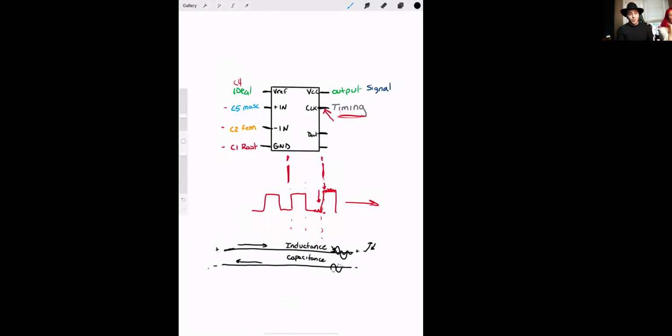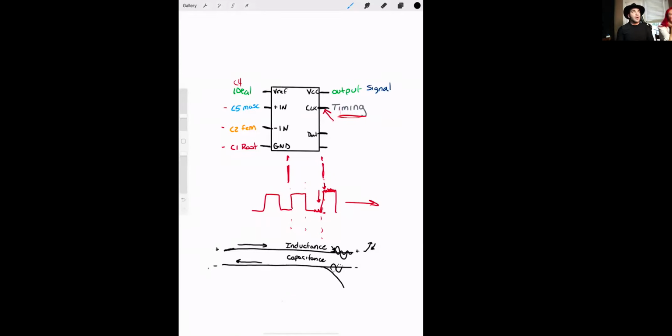However, when you have too much capacitance in the cable, you end up rolling off the frequencies. So instead of having the bandwidth of frequencies that we want, you end up filtering out some of the high frequency information. Both of these are inversely proportional.